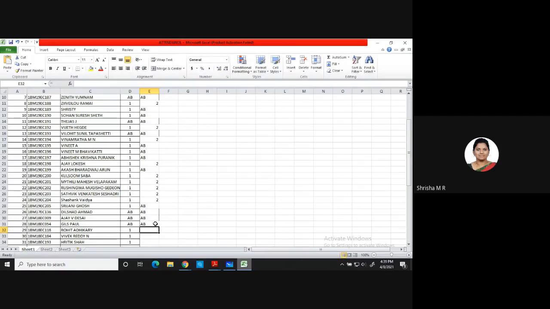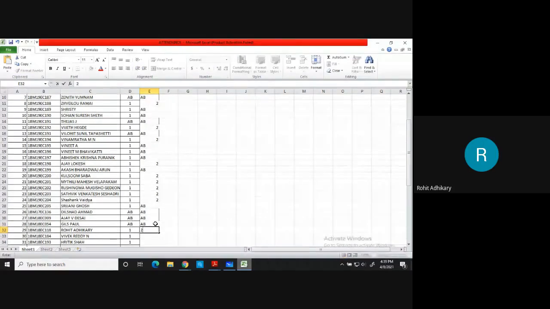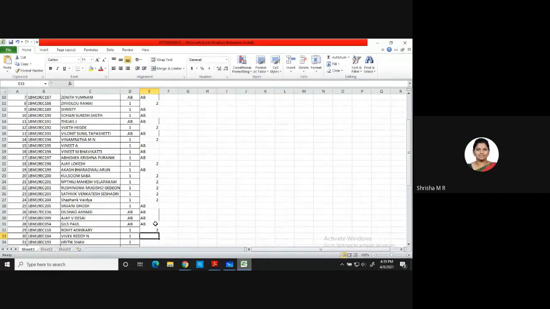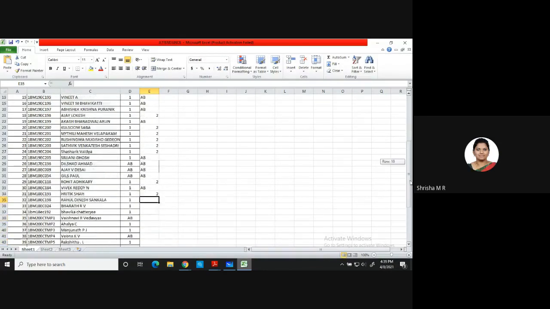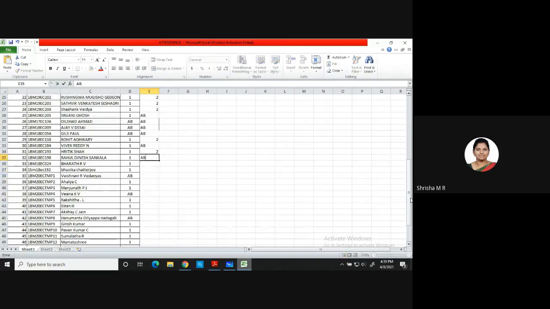Rohit Adhikari? Yes, ma'am. Pratiksha, present, ma'am. Bharat RV, present, ma'am. Bhavika, yes, ma'am. Vaishnavi, present, ma'am. Ahalya, present, ma'am.